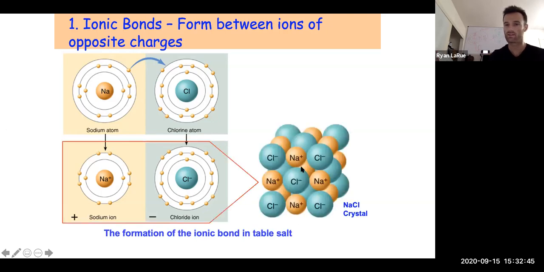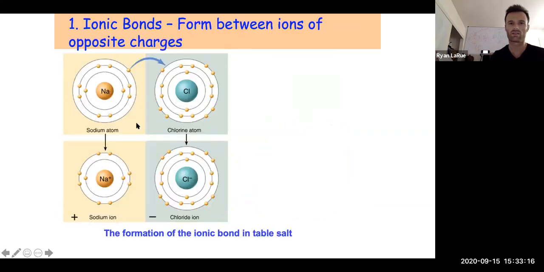And this is what it looks like. These ions bind together, they attach to one another with this opposites attract kind of thing, and these are all ionic bonds in between these ions. And NaCl is actually table salt, interestingly enough. So yeah, the salt you put on your steak and stuff, that's sodium chloride compound.